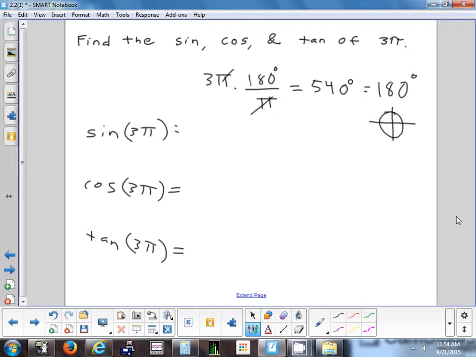Okay, now where is 180? Is that one up, down, left, or right? That's left. Okay, and what are your coordinates if you go left? -1, 0. That's it. That's the hard part. Now we just find our values. Sine is y. Cosine is x.